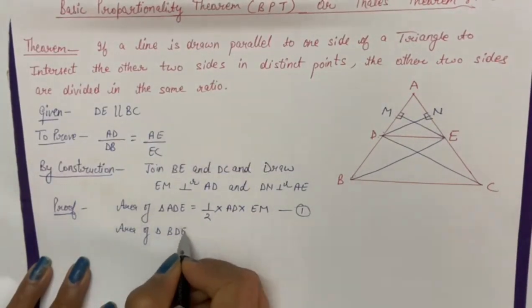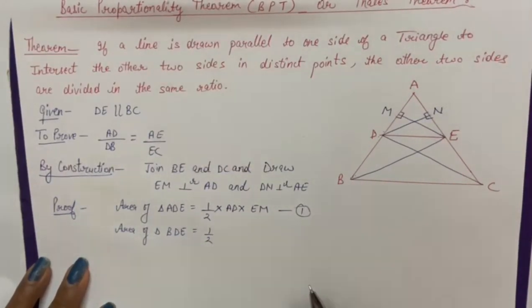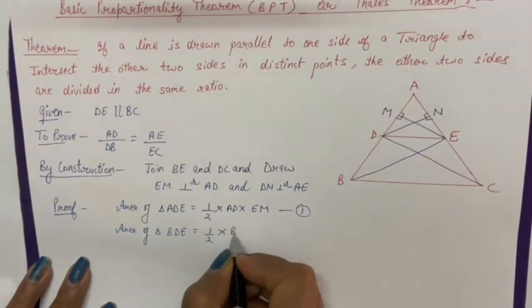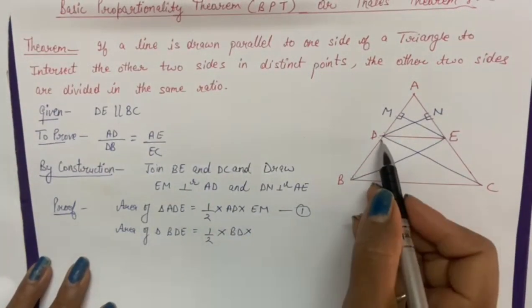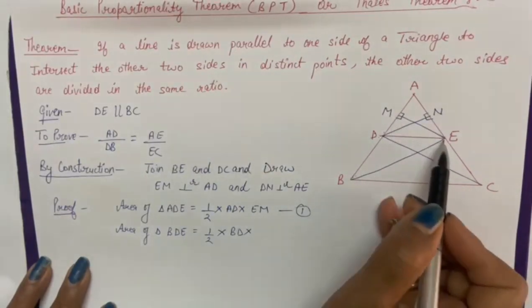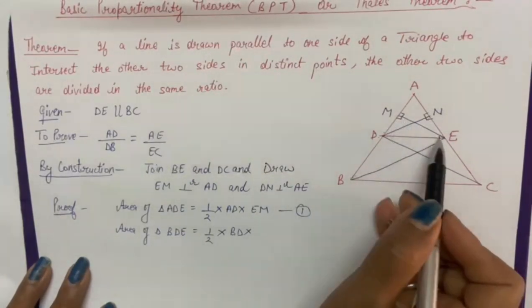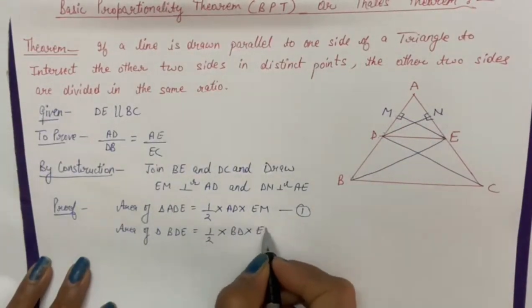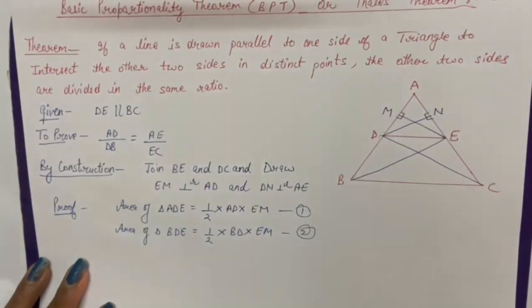So area of triangle BDE is again half base into height. So this side base will be BD. Now for this triangle, for the base BD, height will be the same. Height will be the same EM, because height is always considered as the perpendicular distance, right? So height remains the same and this is your equation number 2.